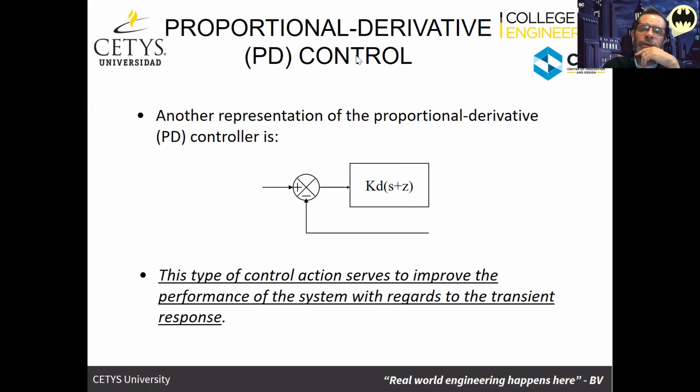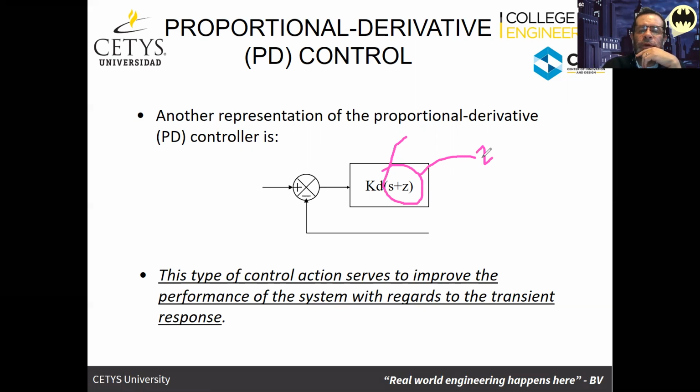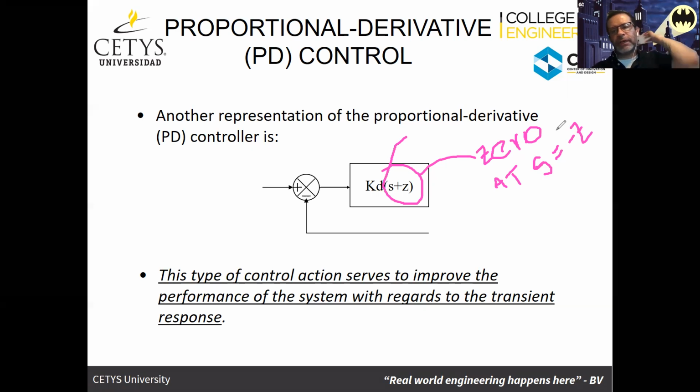And basically what we're going to be incorporating is a 0 into the root locus at S equals minus Z, where Z is going to be a value that we're going to define.